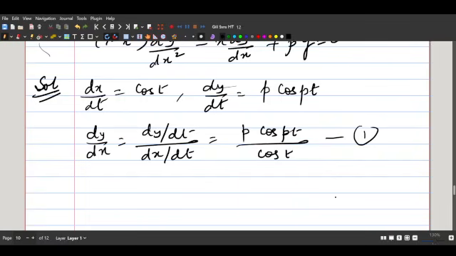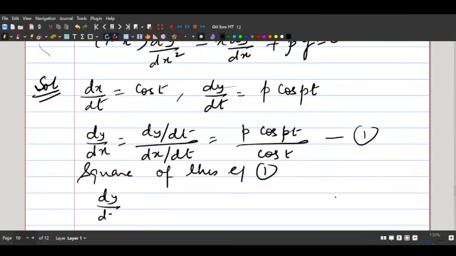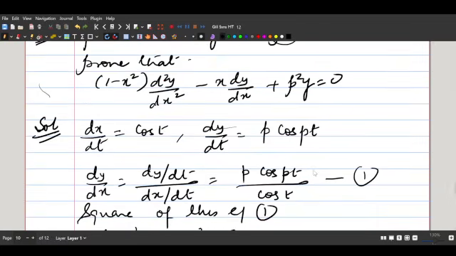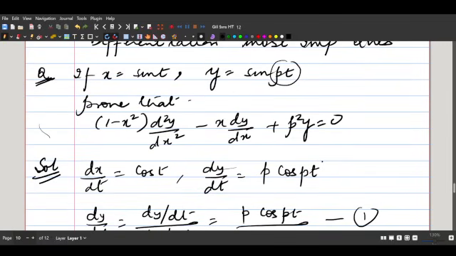So first of all, I'm going to take the square of this equation 1. It will give you (dy upon dx) whole square equals p square cos square pt divided by cos square t. Now, the original equations were x equal to sin t, y equal to sin pt.